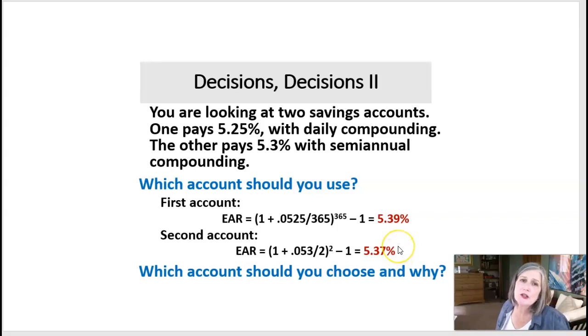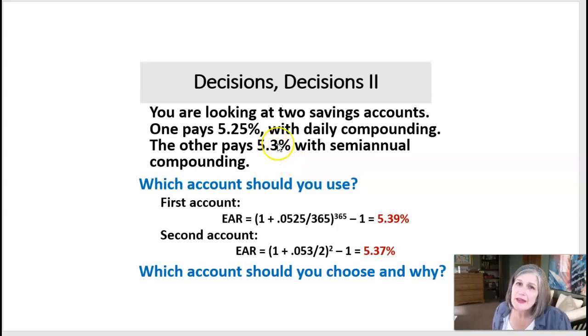All right, so you're looking at two savings accounts. One pays 5.25% APR compounded daily, and one pays 5.3% with semi-annual compounding. If you don't understand effective annual rates, you might say, oh, 5.3% annual percentage rate sounds better than a 5.25% annual rate.